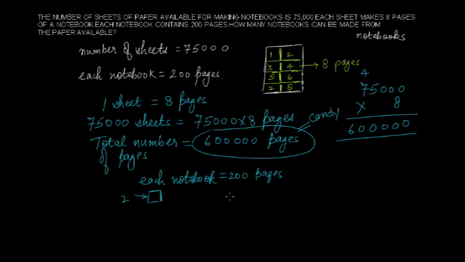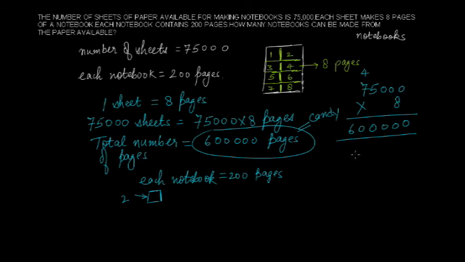So each notebook has 200 pages. Are you able to equate this situation? How many total such notebooks can be made? Same way, divide this 6 lakhs by 200 and you will get the answer.